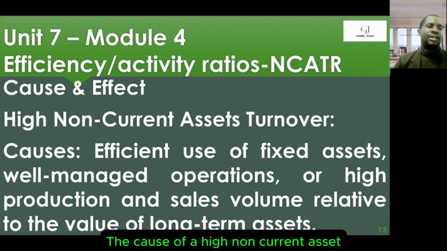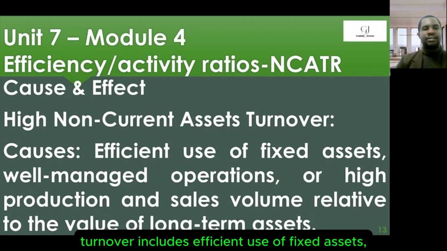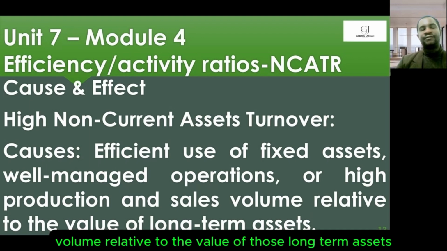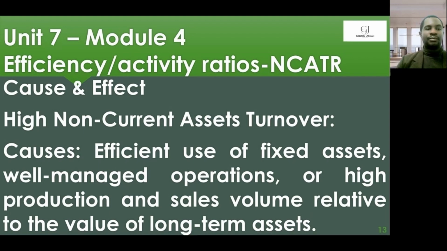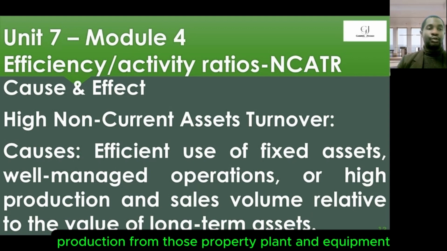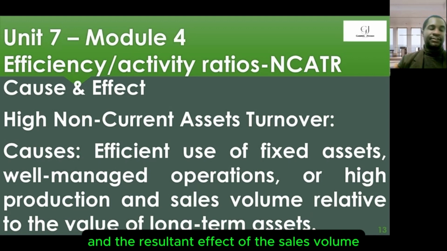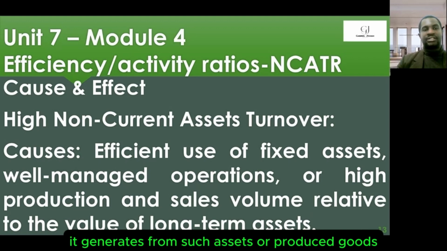The causes of a high non-current asset turnover include efficient use of fixed assets, well-managed operations, high production and sales volume relative to the value of those long-term assets. For example, production from those property, plant and equipment, and the resultant sales volume generated from such assets or produced goods or services.